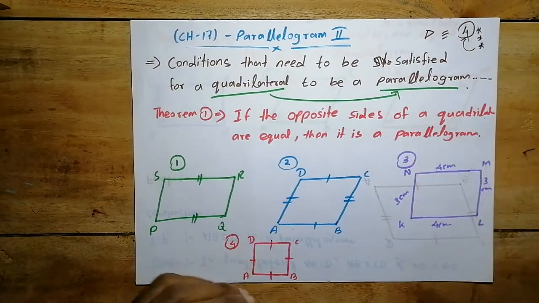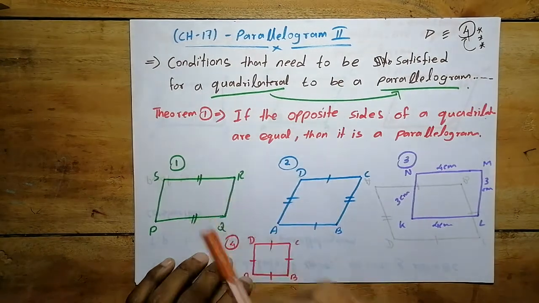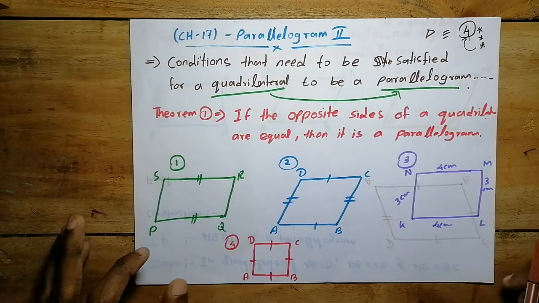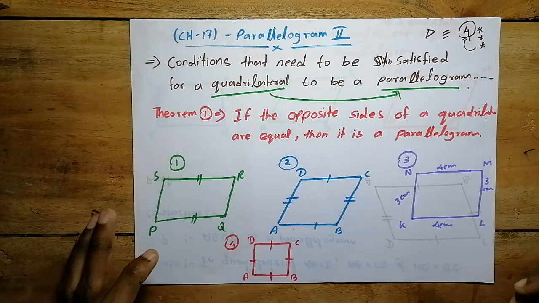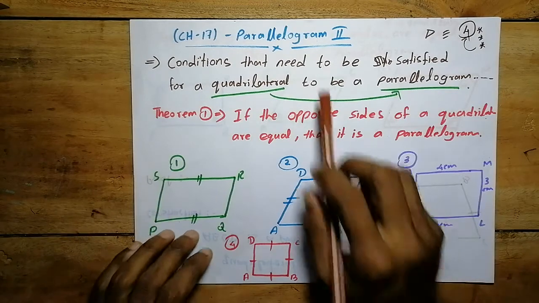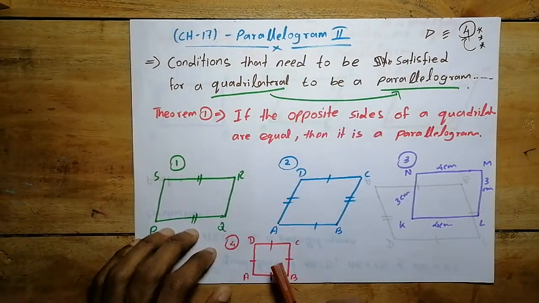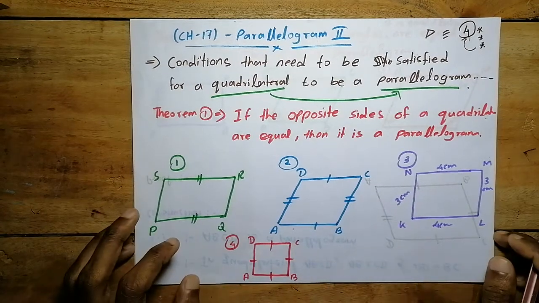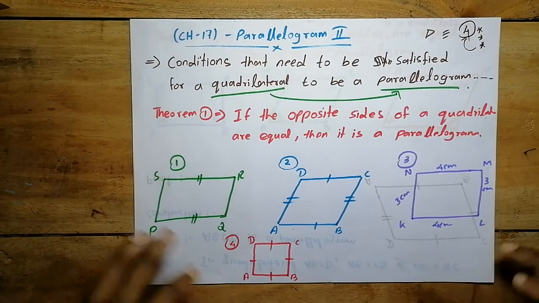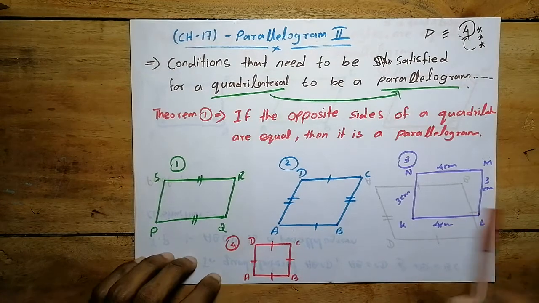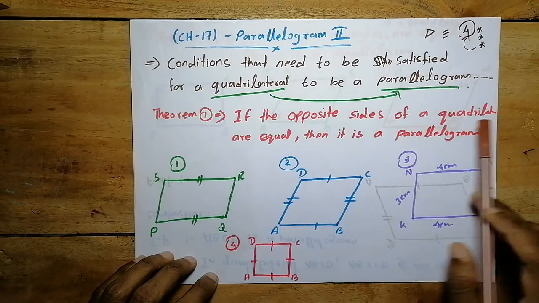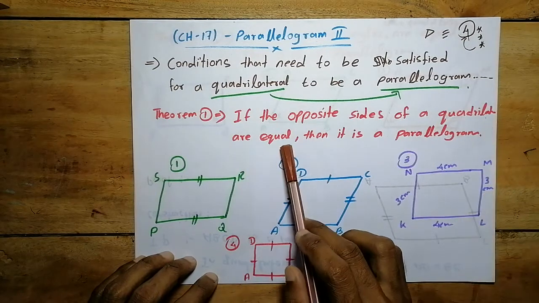Okay, let's go to the first theorem so you can easily take the conditions. The first theorem is the first property we studied. What is the first property we studied on parallelogram 1? The opposite sides of a parallelogram are equal. In reverse we are going to say, if the opposite sides of a quadrilateral are equal.